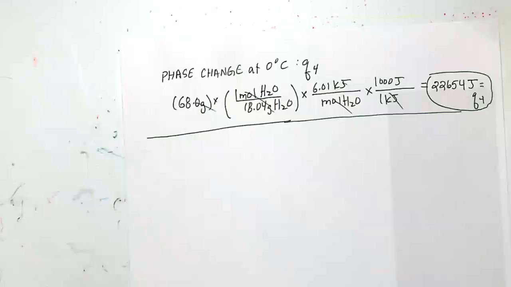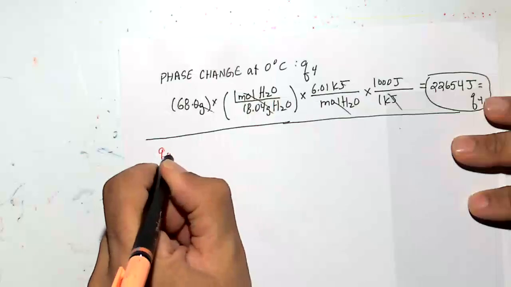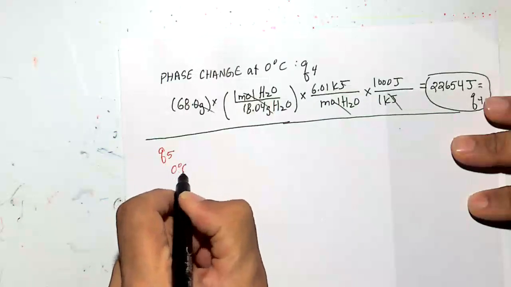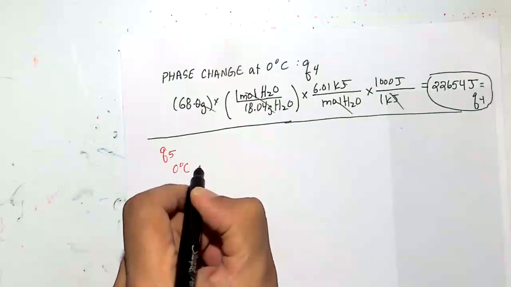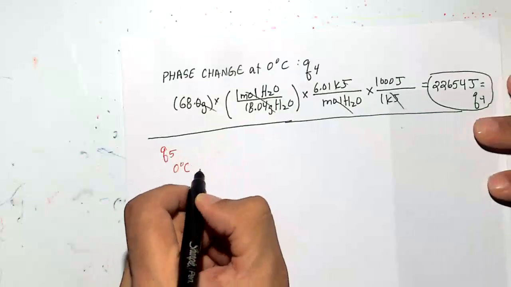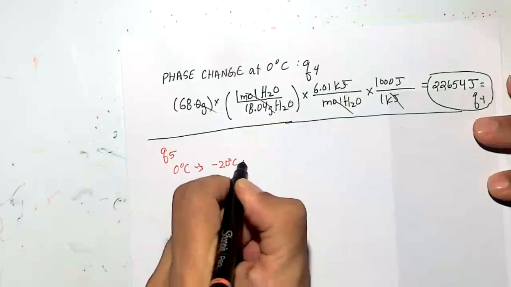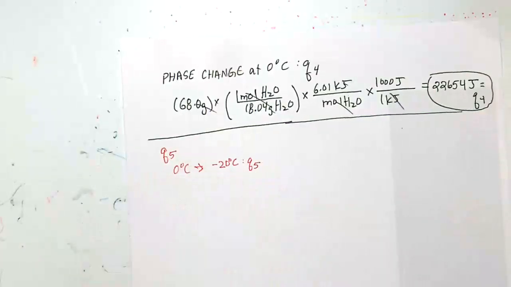Okay, we'll use this orange ink. Q5 is 0 degrees to the final one in the problem, which is minus 20.